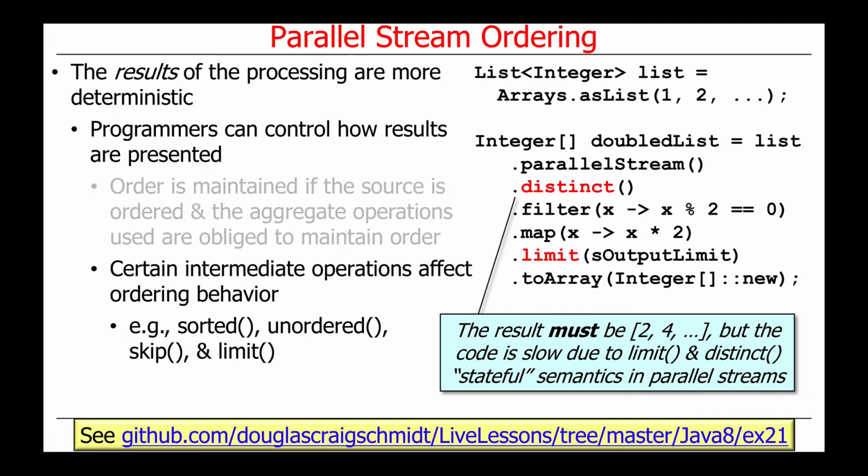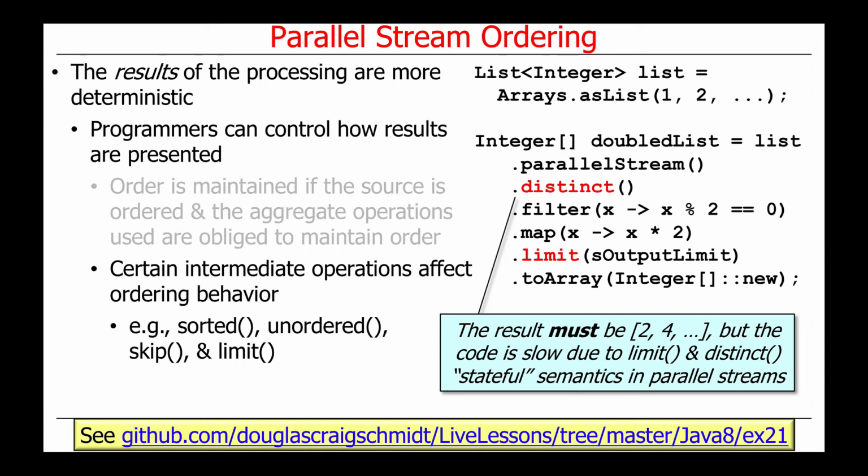There are other operations here, such as distinct, such as limit, which also have an impact on the semantics of things. And again, if you were to run this code, what you would discover is that even though the results here have to be ordered, because we have the array list, which will be an ordered collection, using distinct, which just means get rid of any duplicates, and using limit will greatly slow things down, because then the system has to do a lot of other things under the hood in order to obey those semantics.